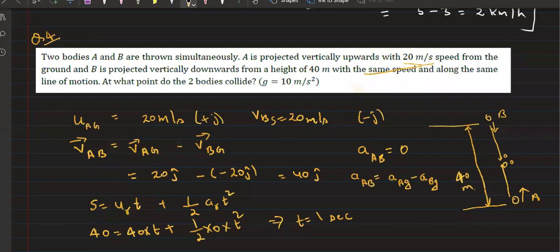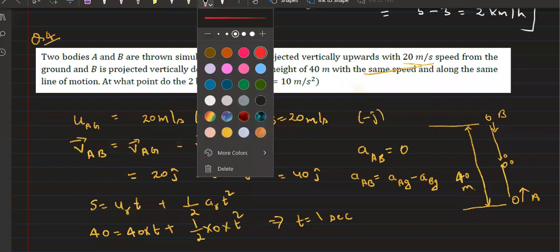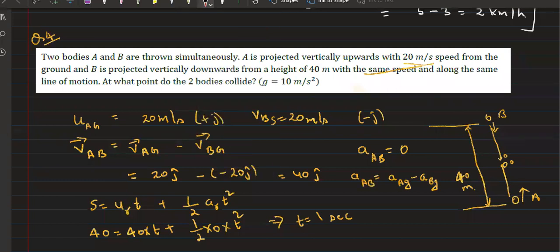Yes or no? Same relation. But both have the same acceleration, gravity, and the same direction of acceleration, negative or positive direction, doesn't matter, right? So it will be 0.